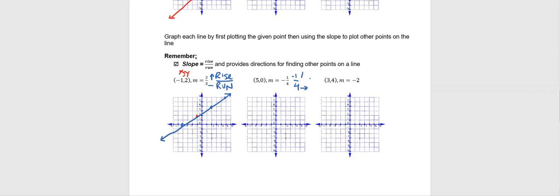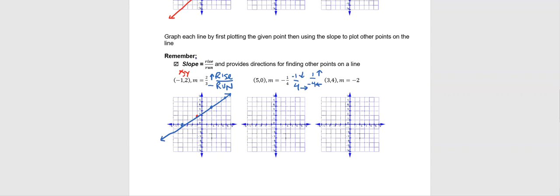The other way I can do it is if I think of it not being -1 over +4, but instead I think of it as +1 over -4. Now, the +1 is going to tell me I'm going to count up now, but the negative is going to tell me I'm going to count left.